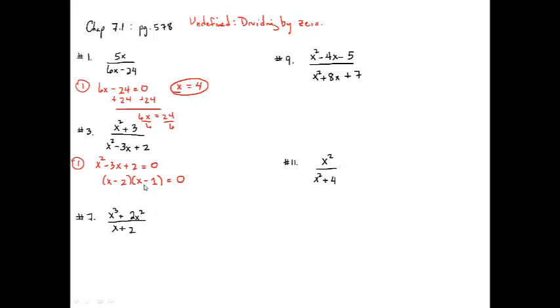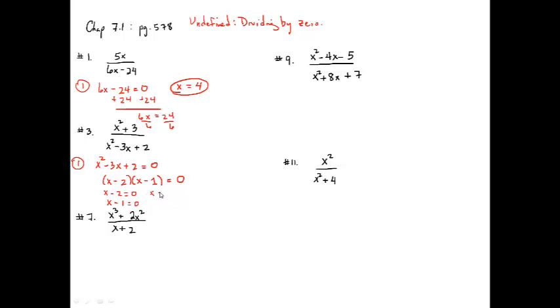And the rule is, if the product gives you 0, you set both things equal to 0. So that means x minus 2 equals 0 as well as x minus 1 equals 0. Because remember, how would you get 0? Either this first piece is 0, and 0 times anything is 0, or the second piece is 0, and 0 times anything is 0.